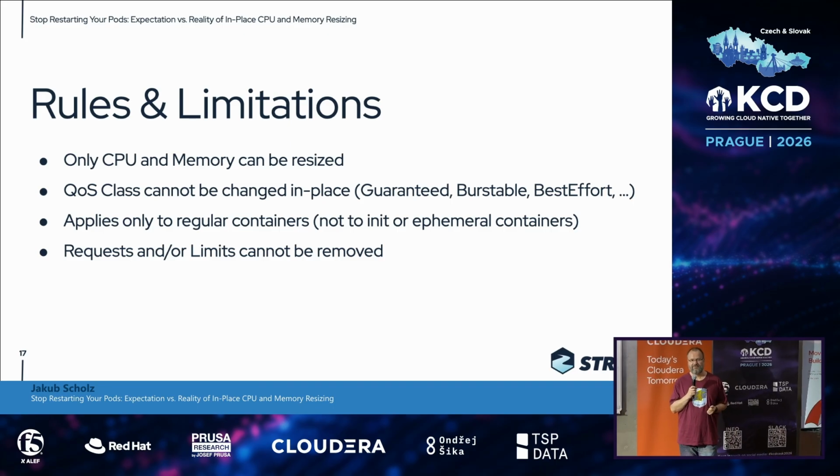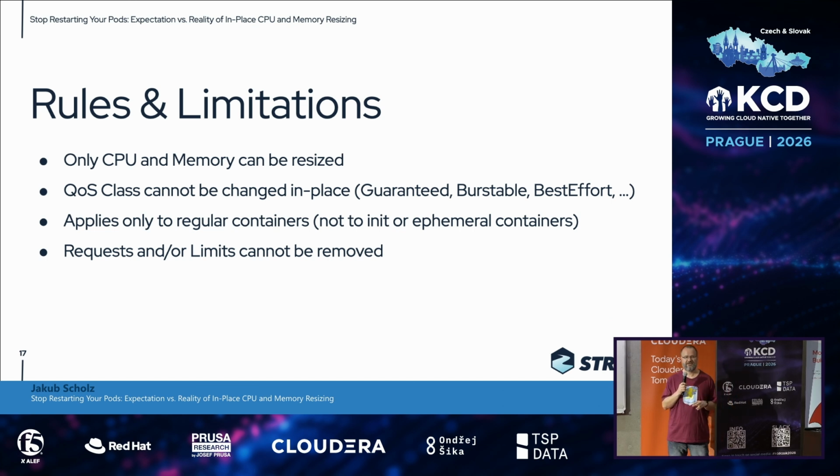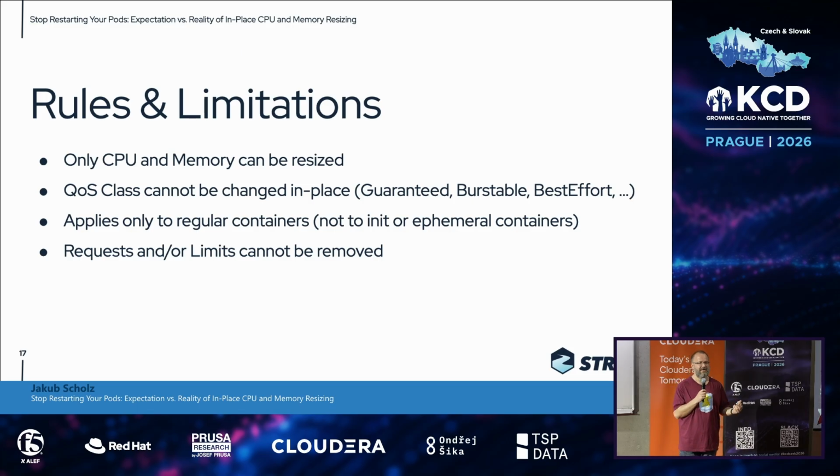So if you have the guaranteed, best effort, and burstable quality of service classes, which are based on how you configure the resources, whether your requests and limits are the same or whether the limits are higher, you can't change it. So if you have the request and limit at the same value, you can't just increase the limit, because that would change it to the burstable class.